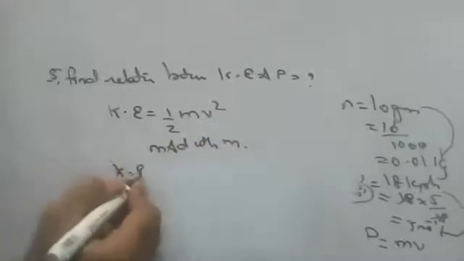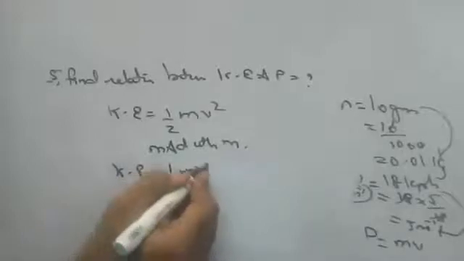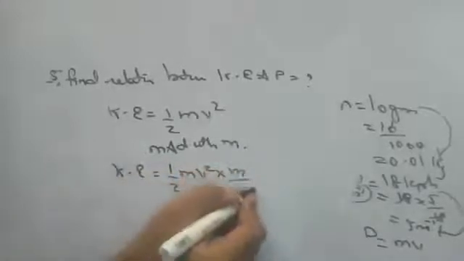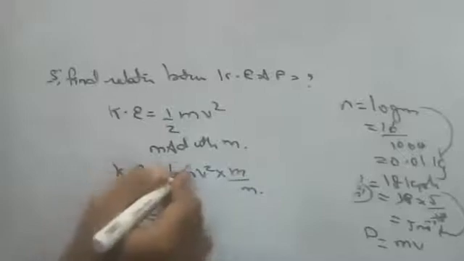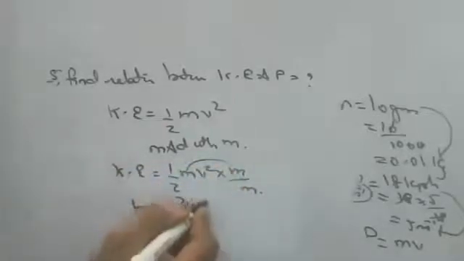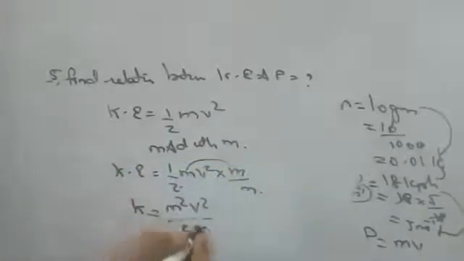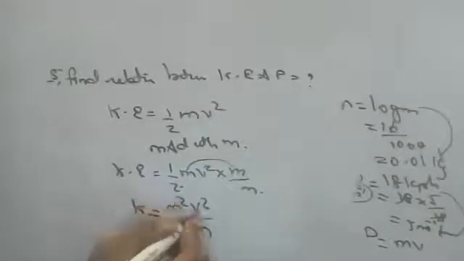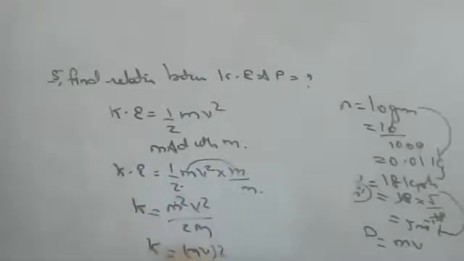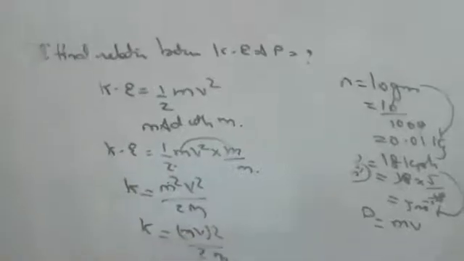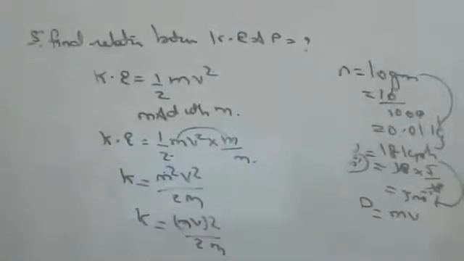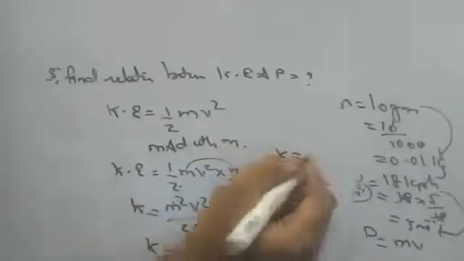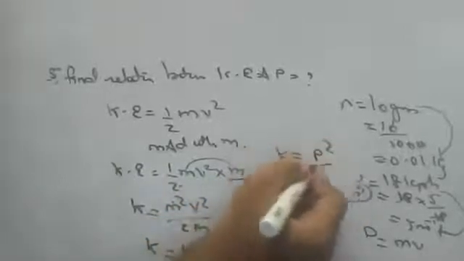So kinetic energy is equal to half mv square, multiplied with m, divided with m. Kinetic energy is equal to m square v square by 2m. We can write it as mv whole square by 2m. So mv whole square means p square by 2m.